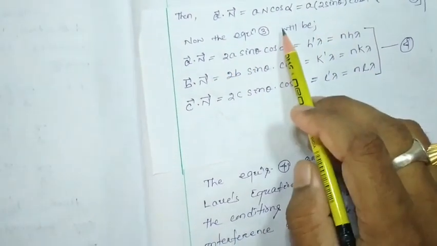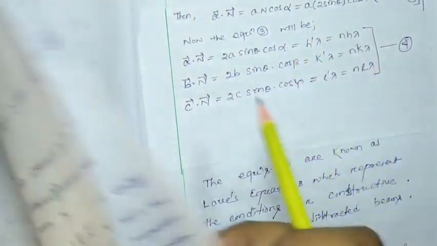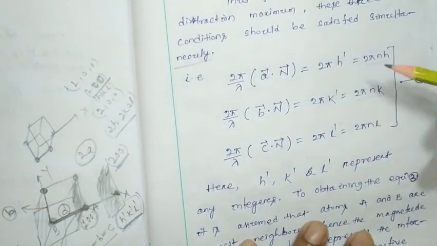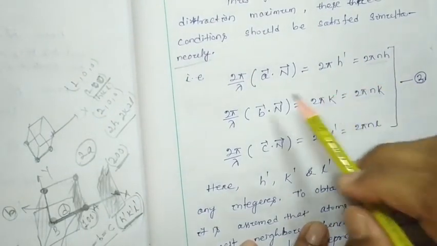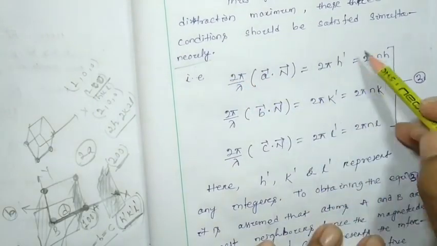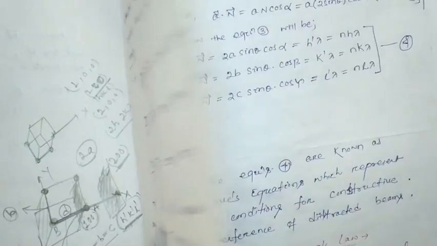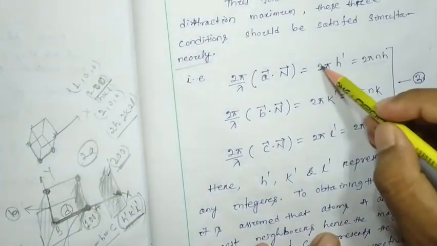Now for equation number 3, see, first here 2 pi got cancelled, 2 pi and 2 pi got cancelled. Here also 2 pi got cancelled.